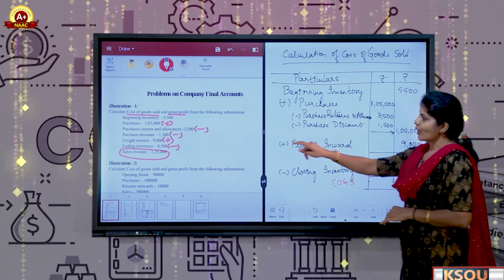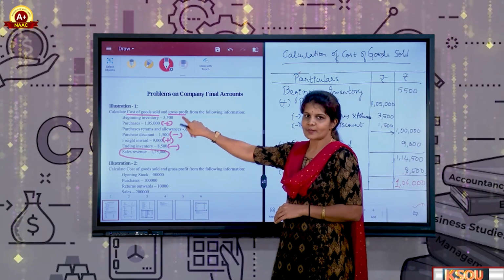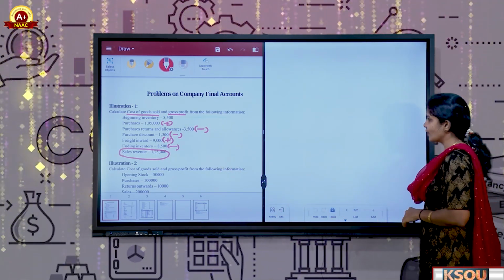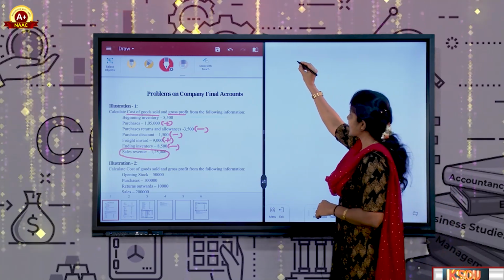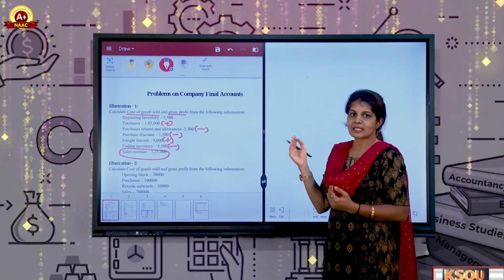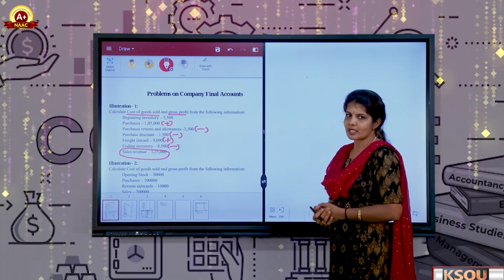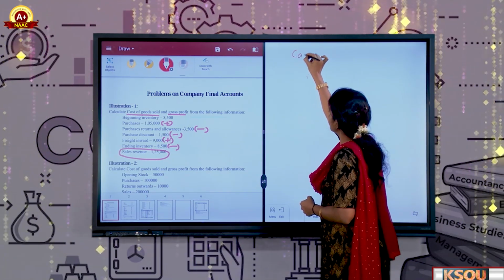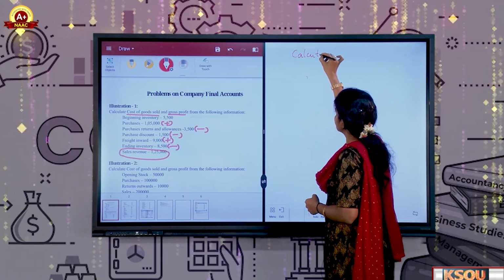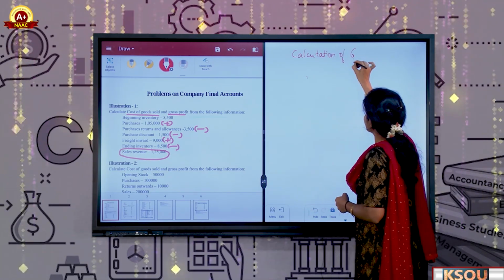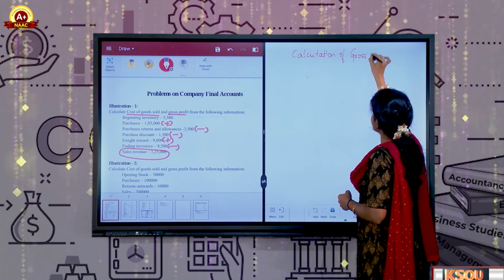So now we also have to calculate gross profit. How to calculate the gross profit? Gross profit can be calculated by taking a subtraction from the sales and the cost of goods sold. So let us give a heading, calculation of gross profit.